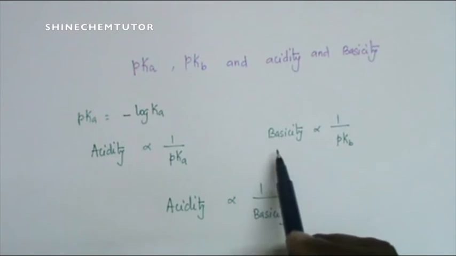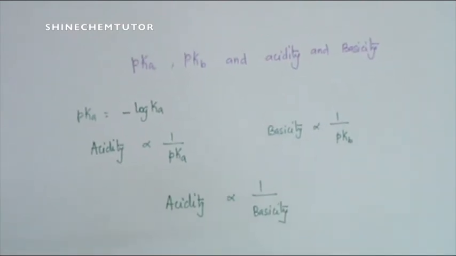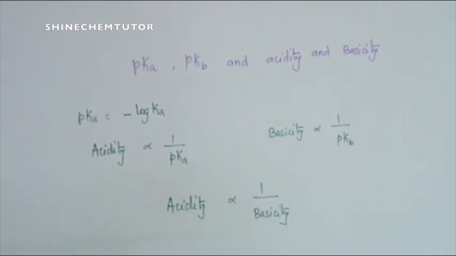Similarly, basicity and pKb values are inversely proportional. Another interesting thing is acidity and basicity are inversely proportional. So if you know this, it will be very easy to arrange the compounds in the increasing order of their pKa values.